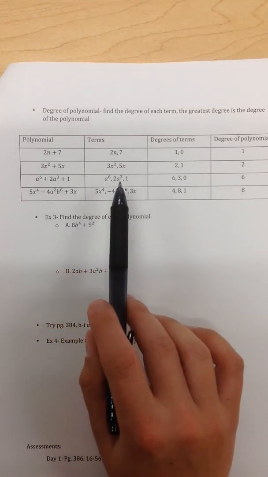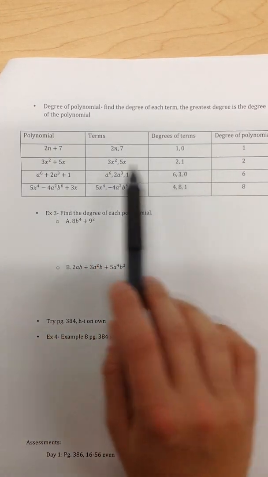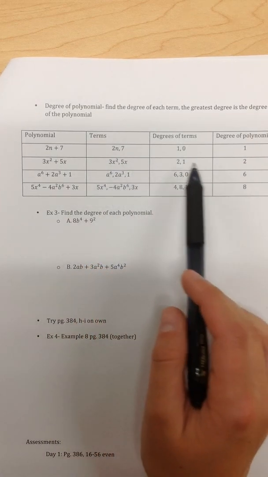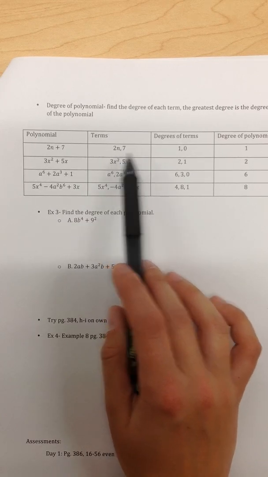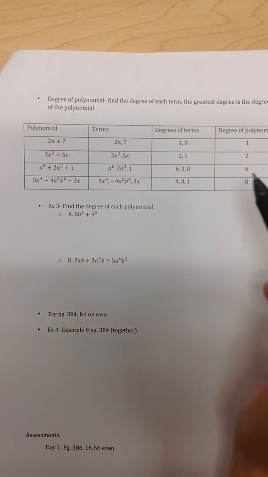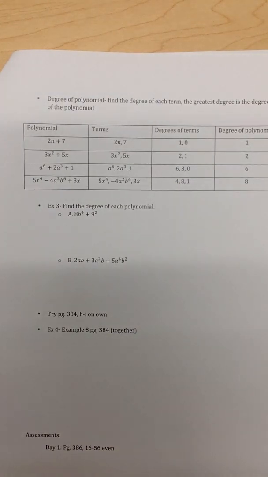So our two different terms here would be 2n and 7. So the degree of 2n would be 1 because n is just to the power of 1. And then since there's not an n with the 7, that has a degree of 0. And then for our degree of the whole thing, we pick the biggest one, which in this case would be the 1. So that's the degree of our polynomial.